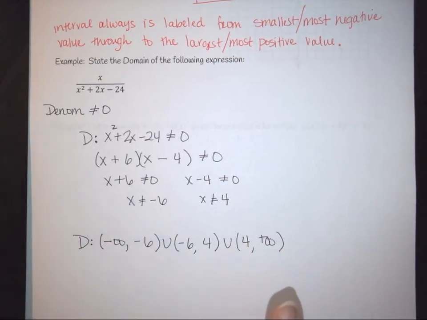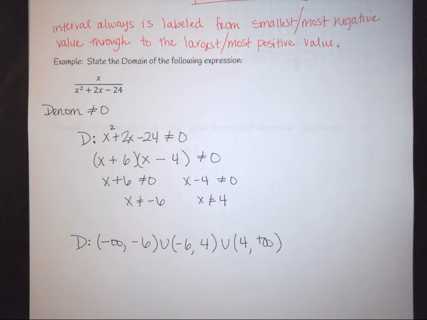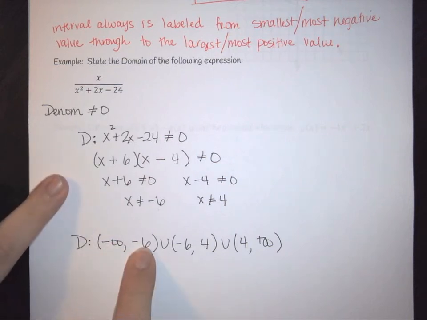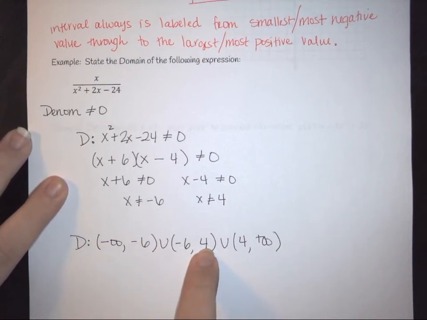Okay, so the way I like to remember a domain is like this. If I had a list of errands to run, say for example I have to go to the grocery store, and then I have to pick up my son from school, and then I need to take him to the doctor's appointment. Well, when I drive to the grocery store, I got to park my car and get out of my car. When I'm done, I have to get back in my car to drive to the next location.